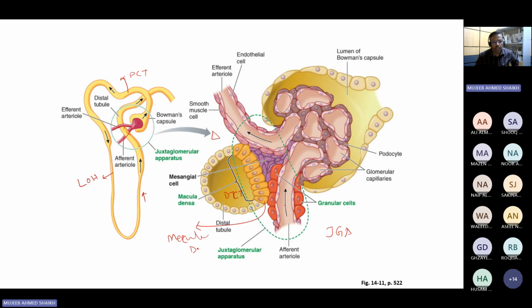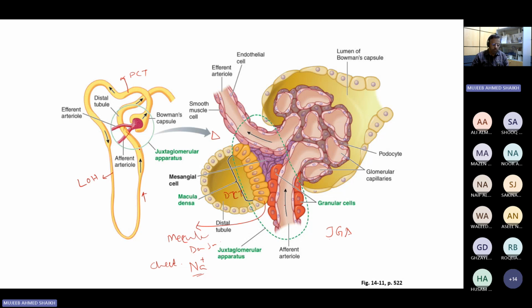These macula densa cells are always continuously checking the sodium concentration. Let's say GFR increases, so more fluid is passing into the proximal convoluted tubule, then the loop of Henle.